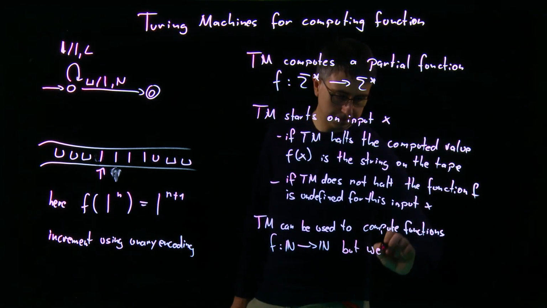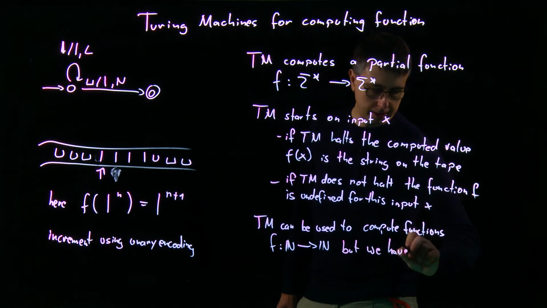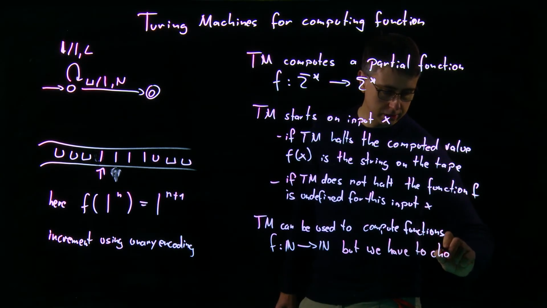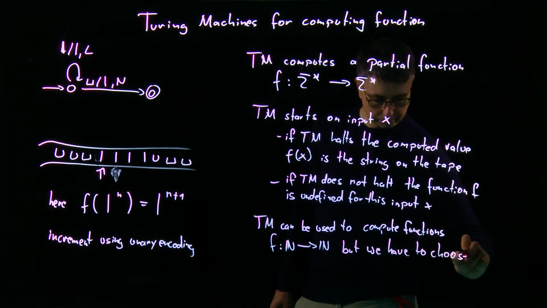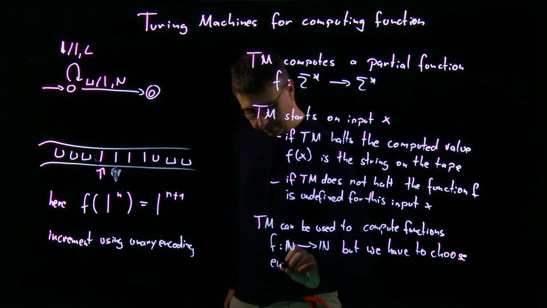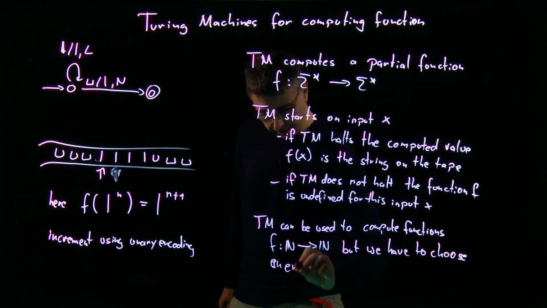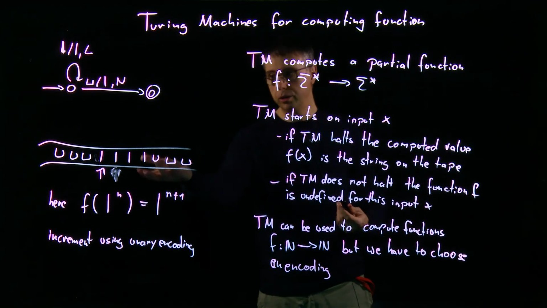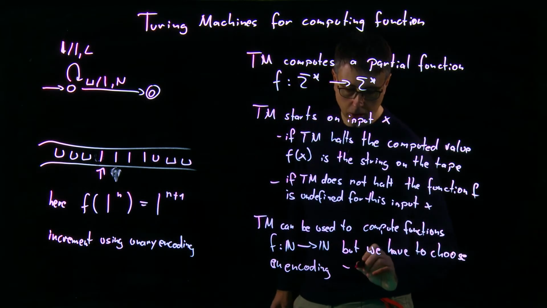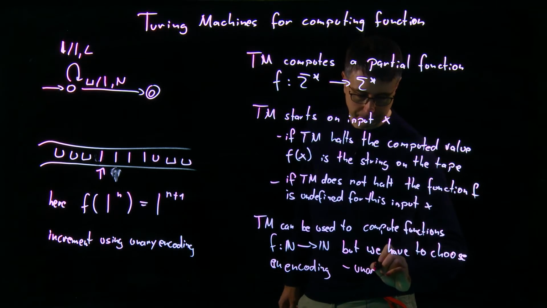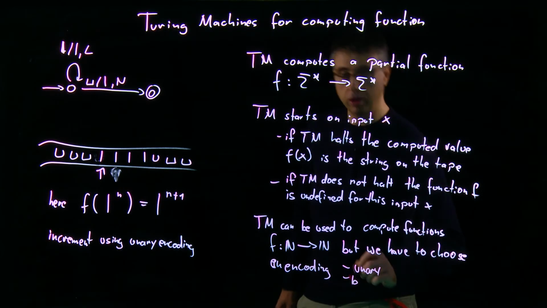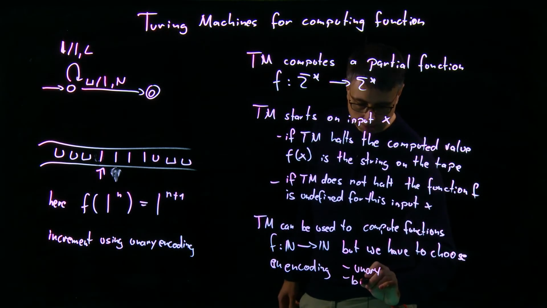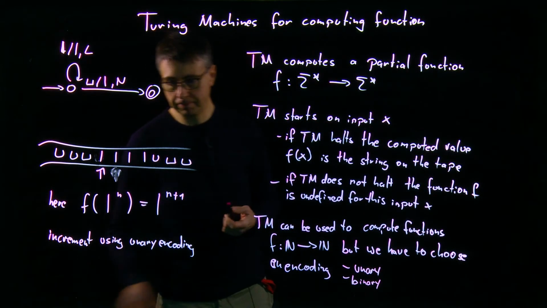Typical encoding would be unary, like this one, or for example binary. Unary, binary. You can also use decimal if you want, but that's more difficult to compute actually.